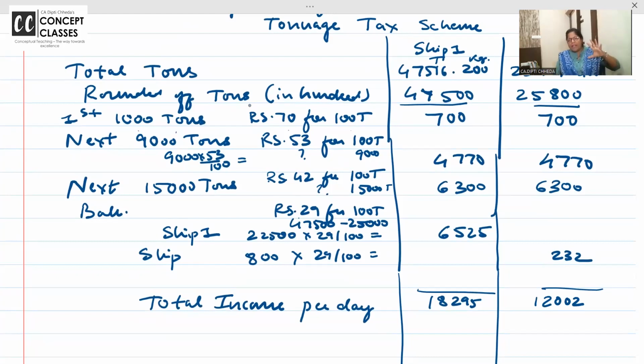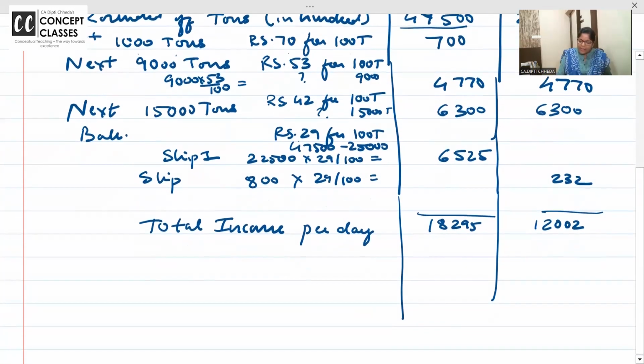Total income per day for ship 1 according to capacity: for so many tons this 70 rupees, then 53, then 42 and then 29. Okay, so this is the total income per day.